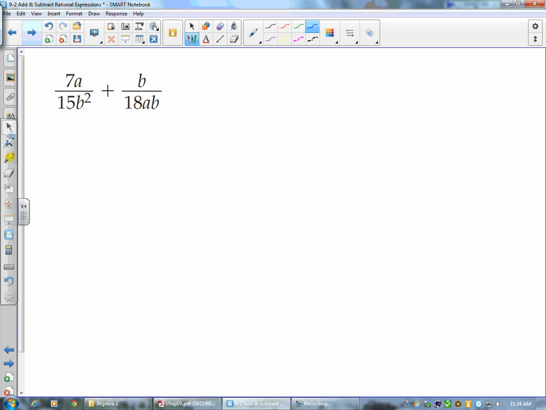All right, so why are we doing this? The whole reason is so that we can add these rational expressions. First thing you want to do is find your common denominator. We've got a 3 and a 5, b times b.